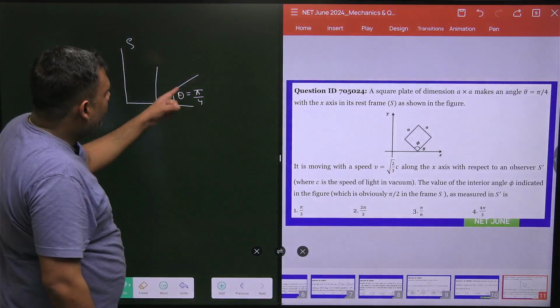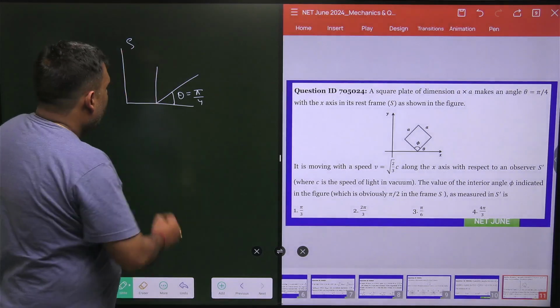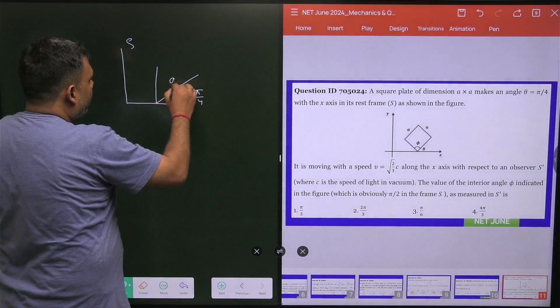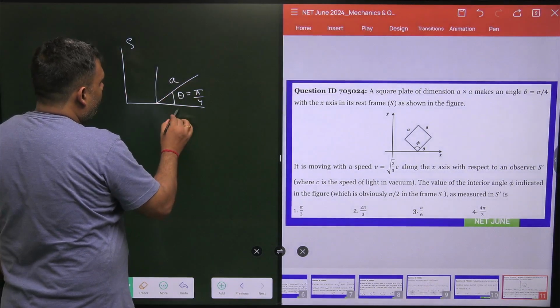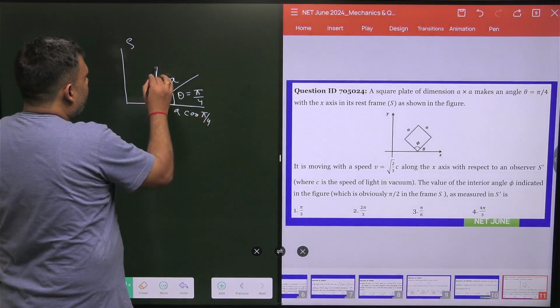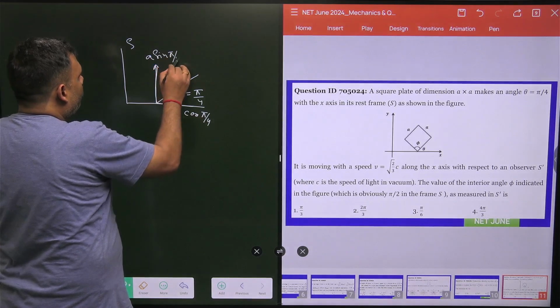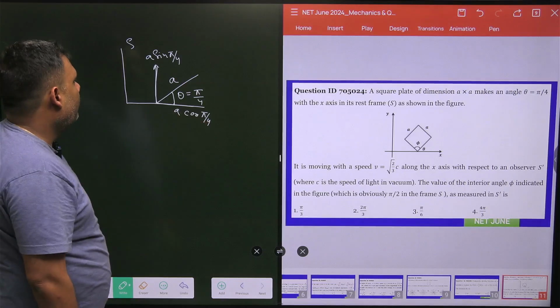So we will calculate this angle theta dash with respect to the S dash frame. So let us assume this length is A. So this length will be A cos pi by 4, and this length is going to be A sin pi by 4. So these two lengths are given.